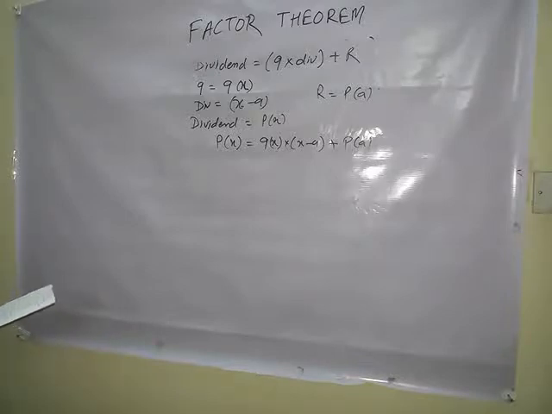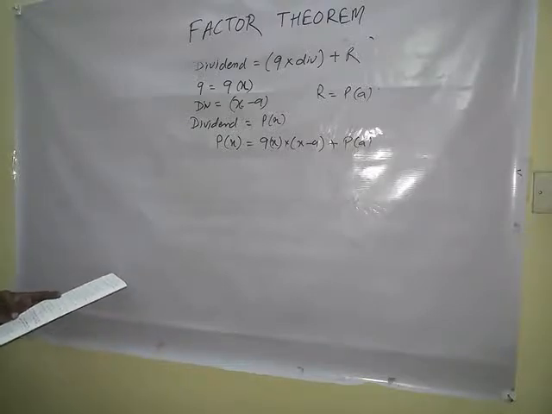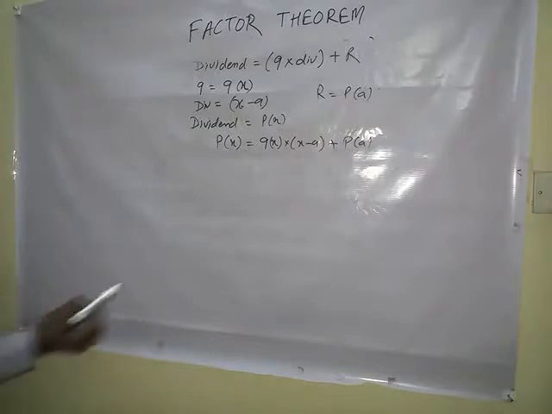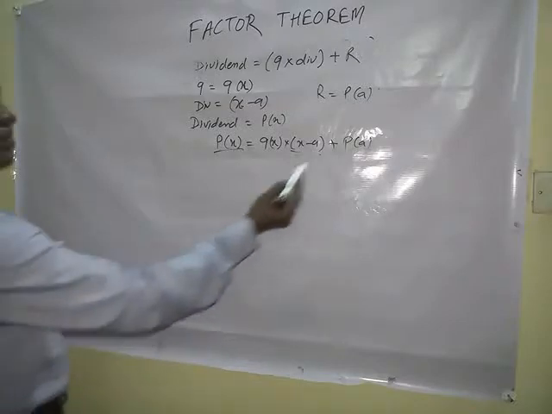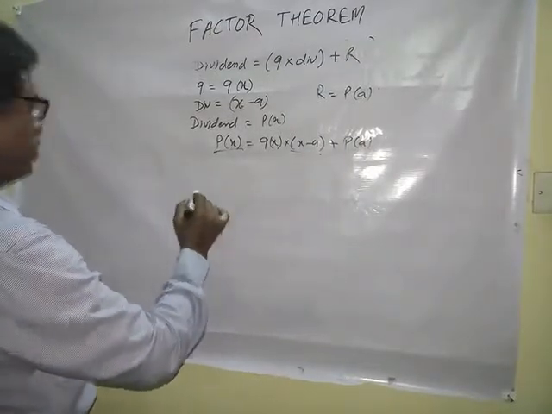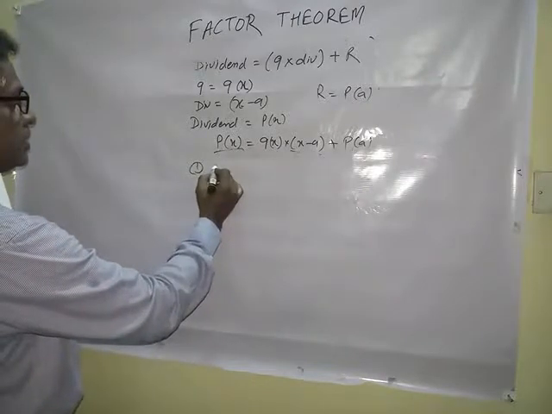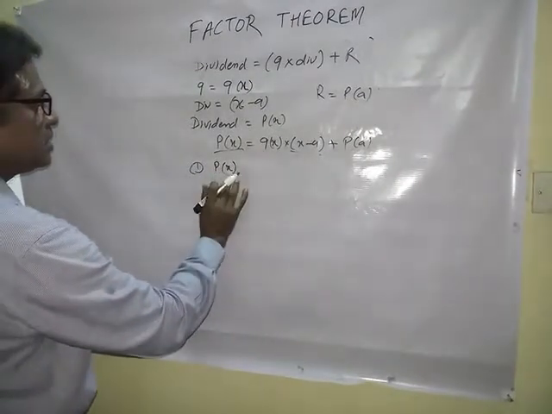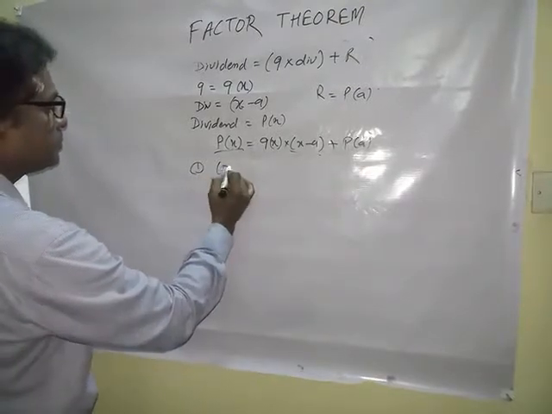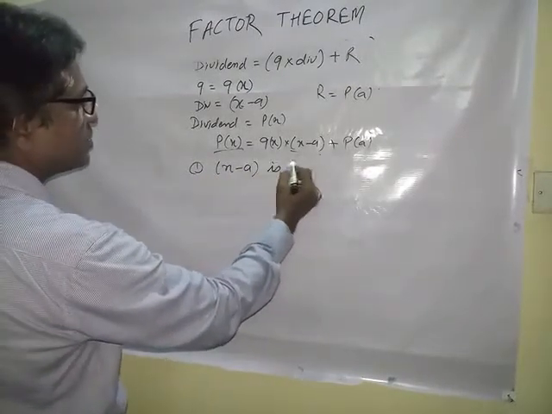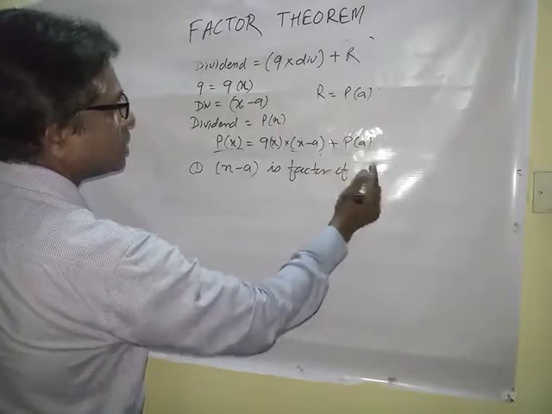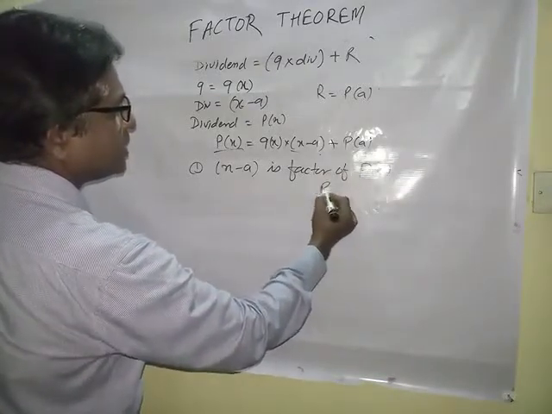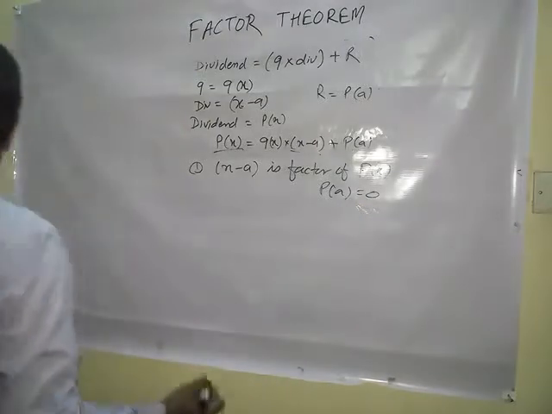So if x minus a is a factor of P(x), then the remainder will be 0. That we already know, so that is condition number 1. If x minus a is a factor of P(x), then P(a) is equal to 0.